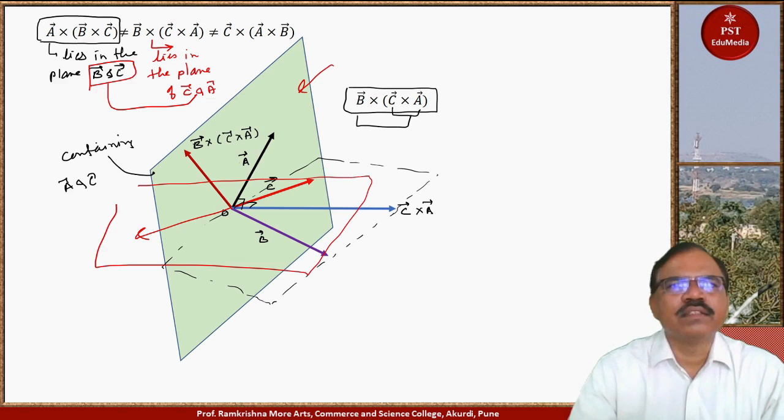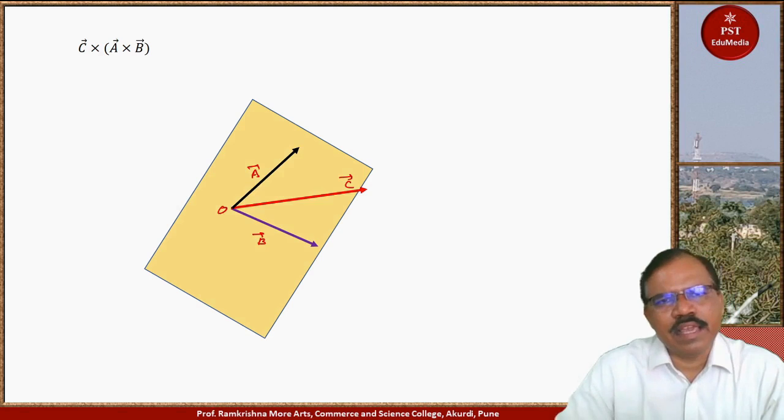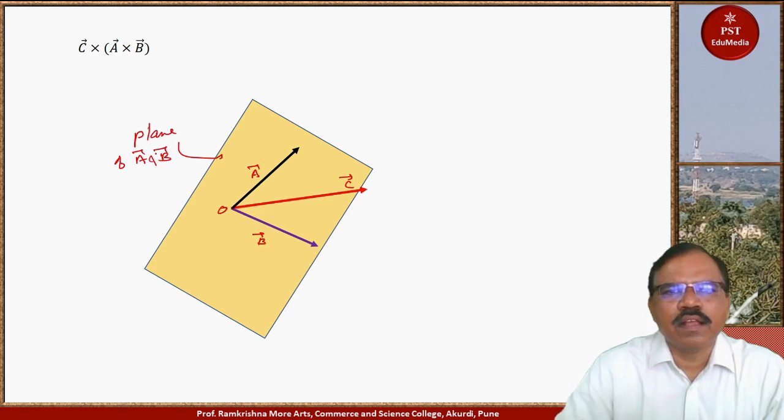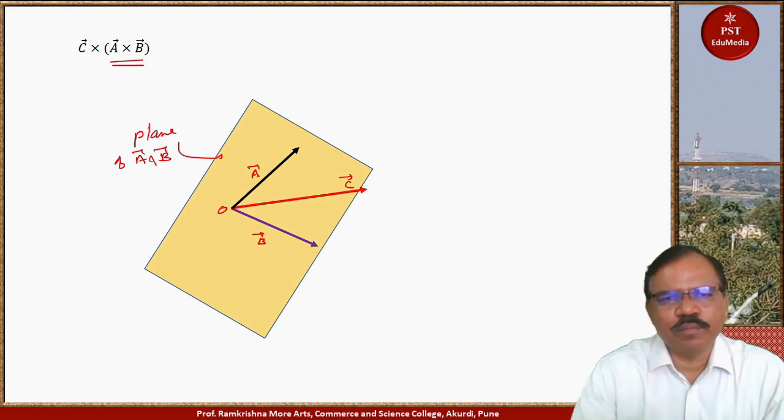We will take third one, C cross A cross B. So for C cross A cross B, this is vector A, this is origin, this is vector B, and this is vector C. Now A cross B, so we can take plane containing A and B. So this is plane of A and B. Now we have to take first A cross B. So what is direction of A cross B?